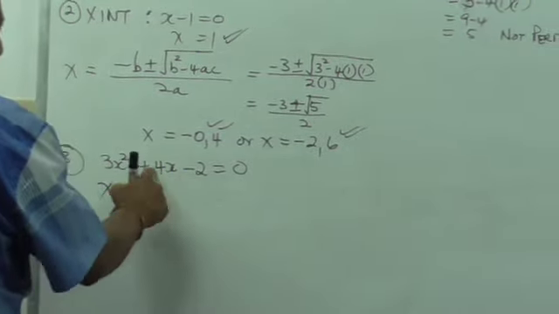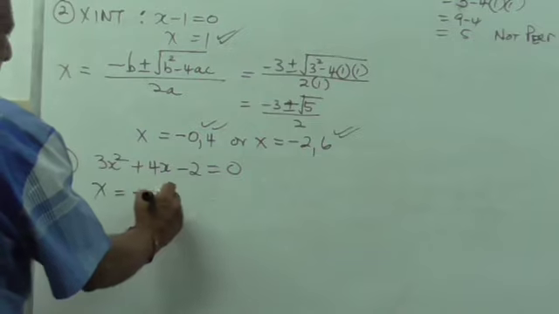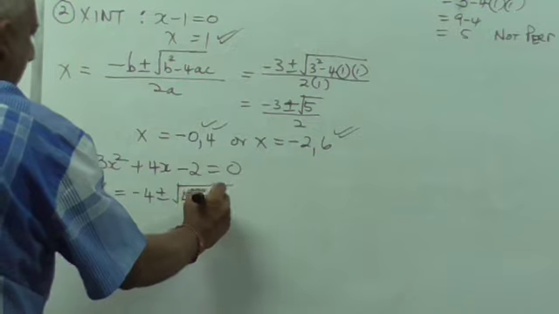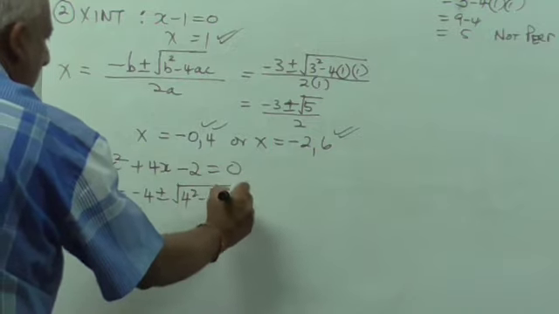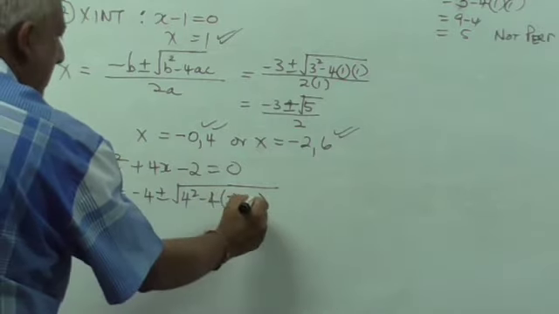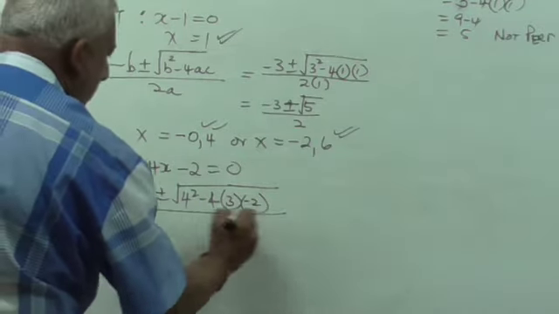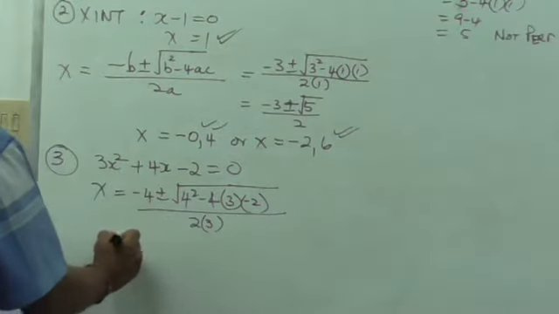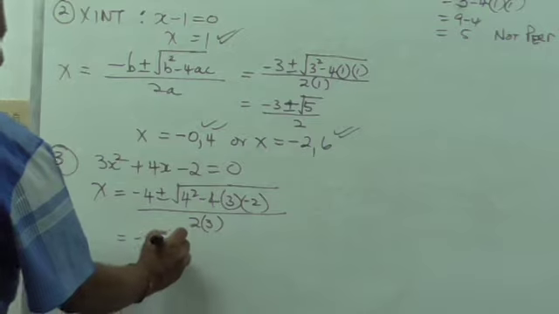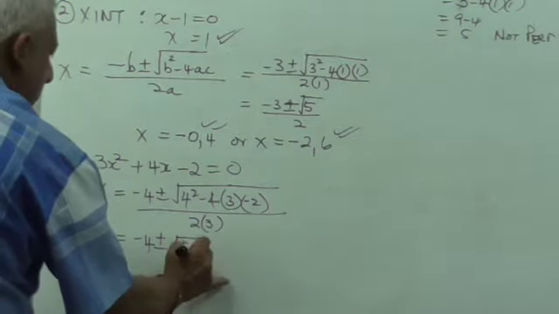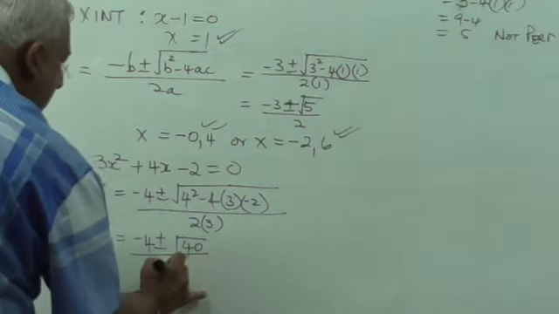X is equal to minus b, that will be minus 4, plus or minus the square root of b squared, that will be 4 squared, minus 4 into a into c, all over 2a, and that will give you minus 4 plus or minus the square root of 40 all over 6.